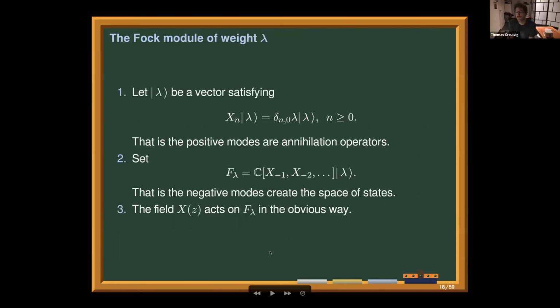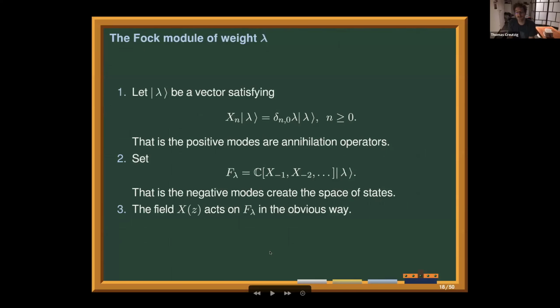So this means we think about the positive modes as annihilation operators as before, and then the Fock module for the free boson is again just the creation operators, the negative modes, acting freely on this top-level vector. That means the whole space is created by the negative modes. And the field x(z) acts on this Fock module in the obvious way, right?